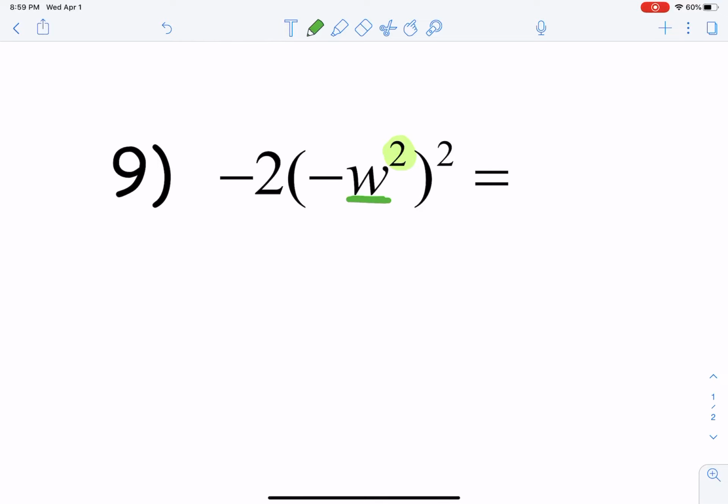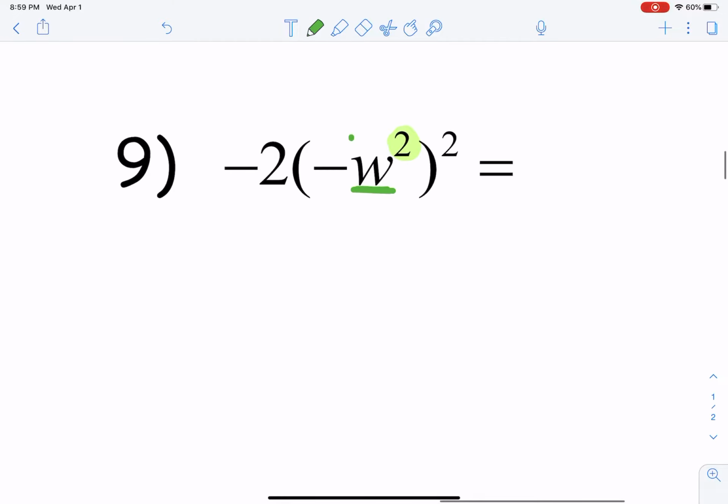So if I were to expand this, this would look like, don't forget your invisible -1, -1 times W times W, parentheses. I have this -2 right here in the front.